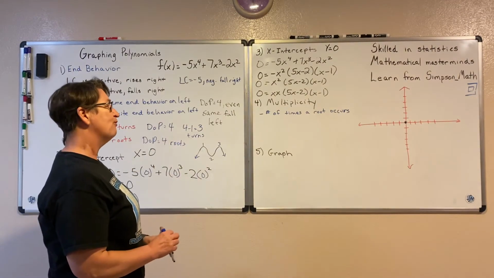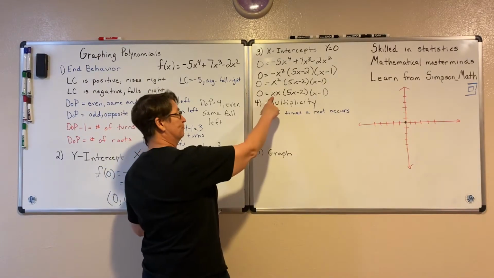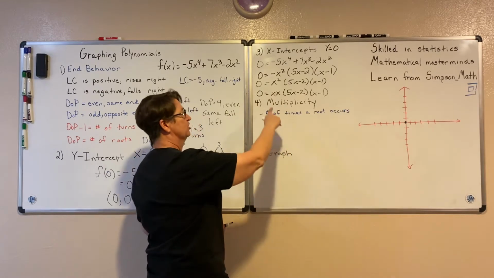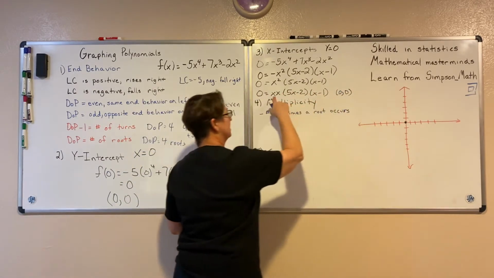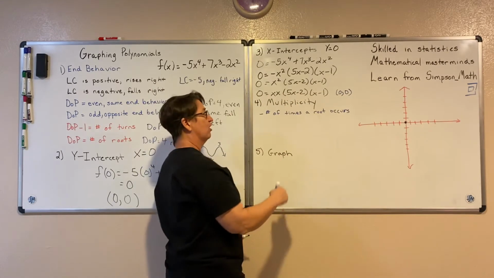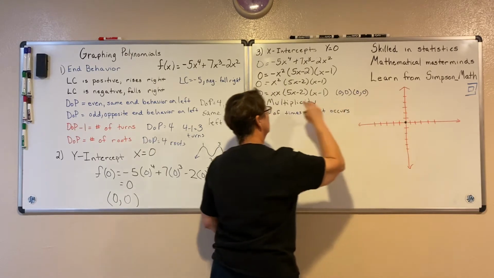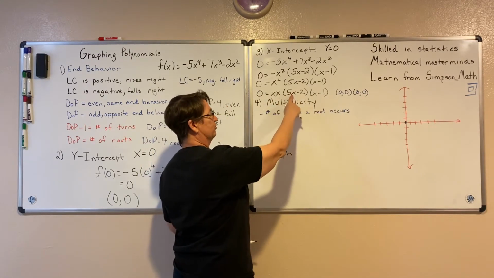As I solve for each one of those to find out my x values, remember that my x-intercepts again are points. So I have a 0, 0. Remember I said each one of these equal to 0 and solve. 0, 0 shows up again because this x is going to equal 0, that x is going to equal 0.